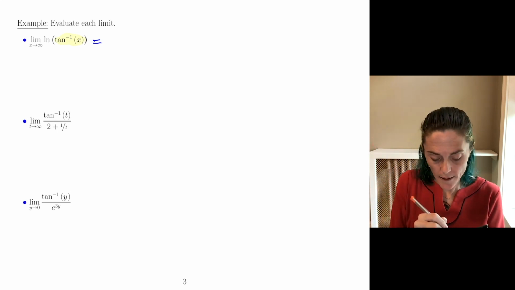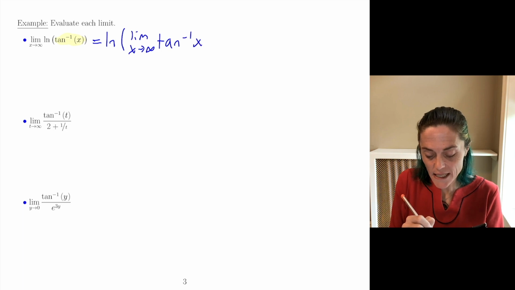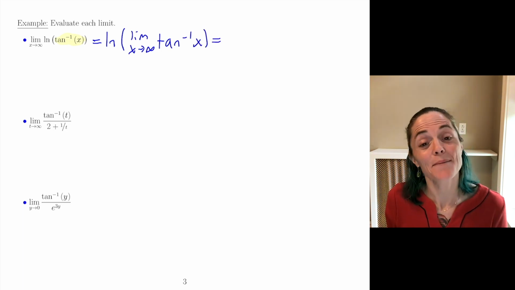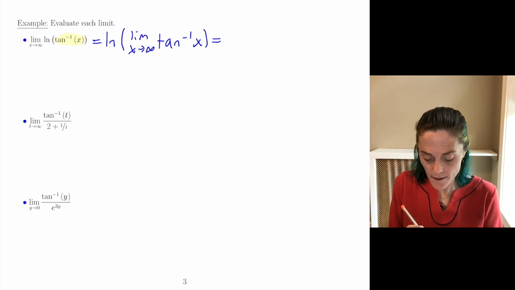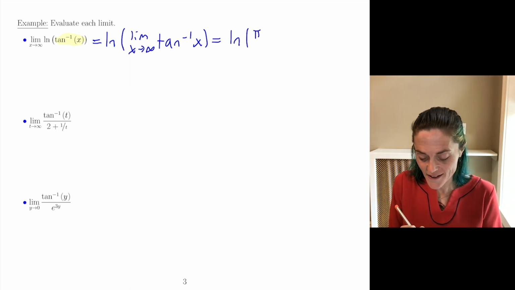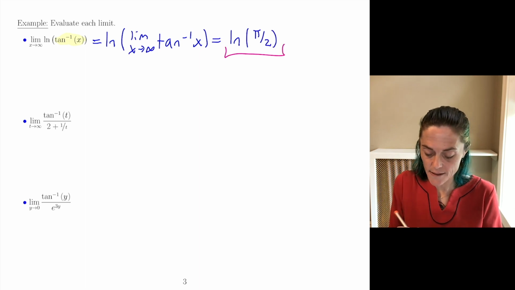This would be ln of the limit as x approaches infinity of tan inverse of x. Now this limit we just talked about, and as I mentioned, it will come up a lot in Calculus 2. This is ln of pi over 2. I'll leave it like this. Exact answer.